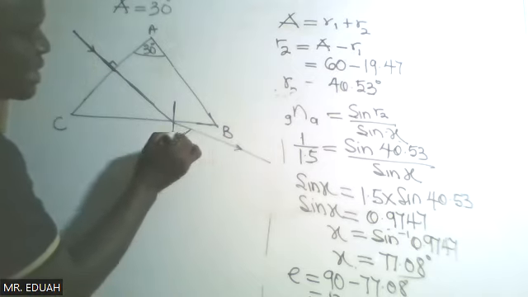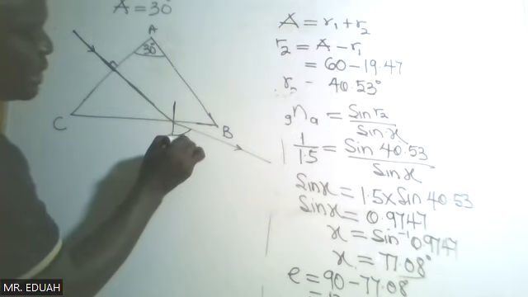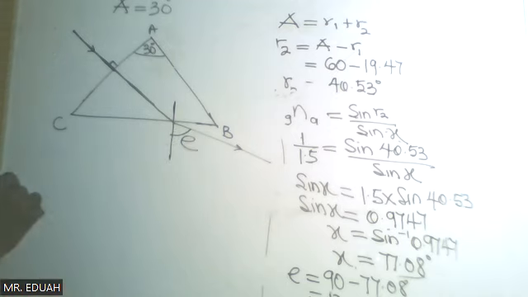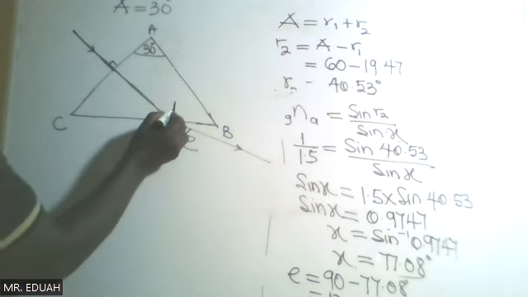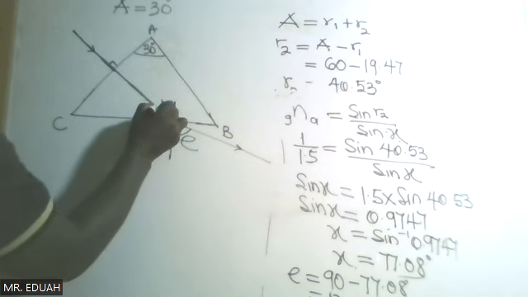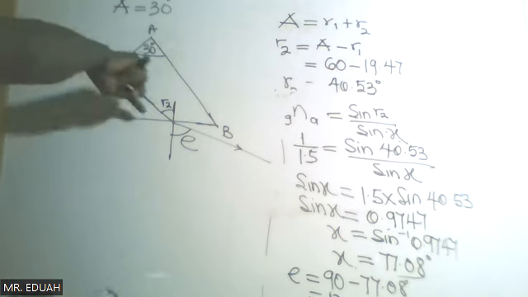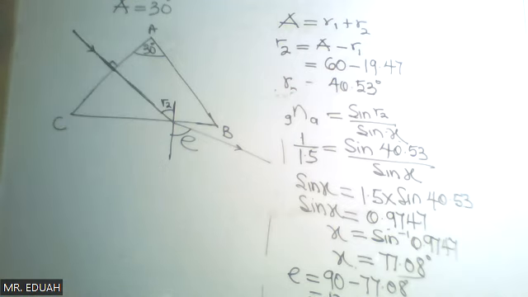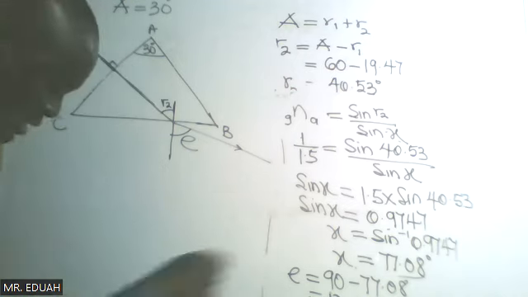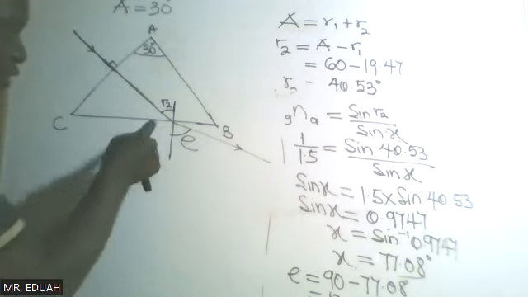So this gives us the angle of emergence E. This is the second angle of refraction R2. So the question is that we are to find the angle of deviation between the incident ray and the ray that leaves the prism.